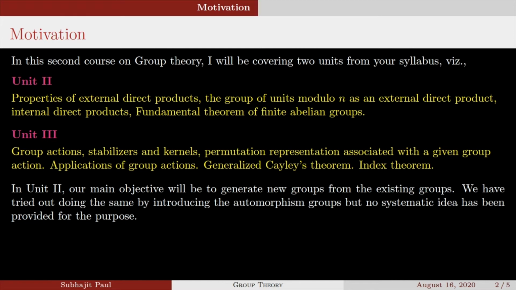Like if you introduce automorphisms as groups, then you can study the functions from a set onto itself as a group, and you have all the properties of the group handy to you. So that is the reason.